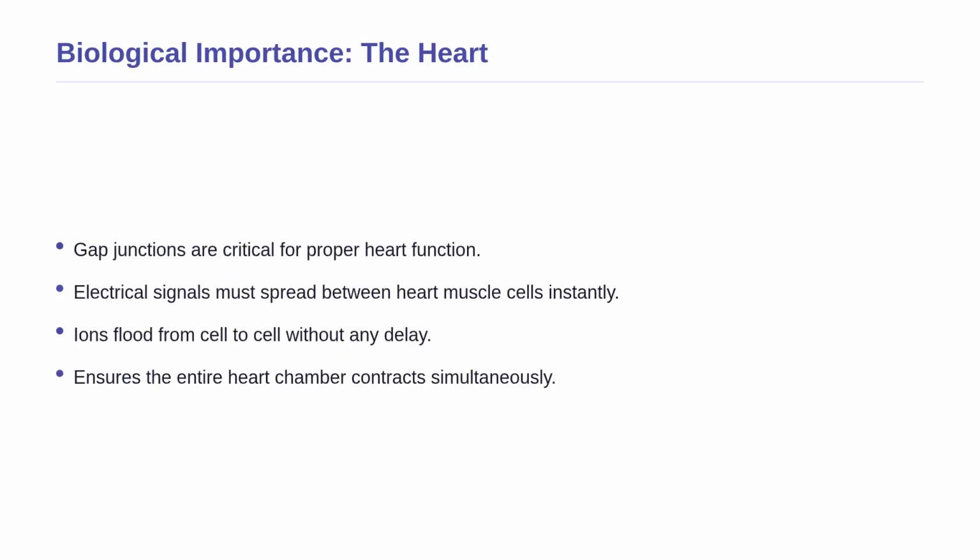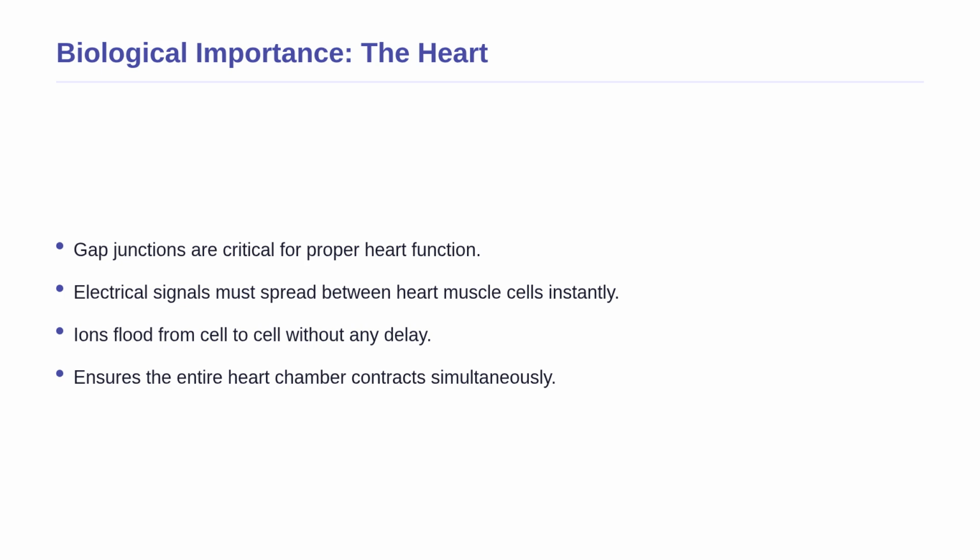Having seen what gap junctions look like, we must ask, why do these microscopic tunnels matter so much in real life? The most dramatic example is your own beating heart. Without gap junctions, your heart would literally not be able to beat properly.